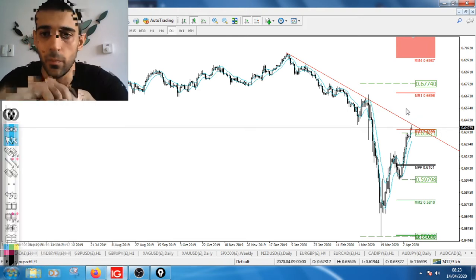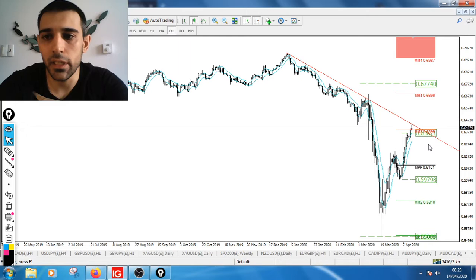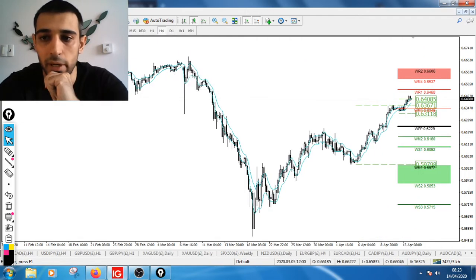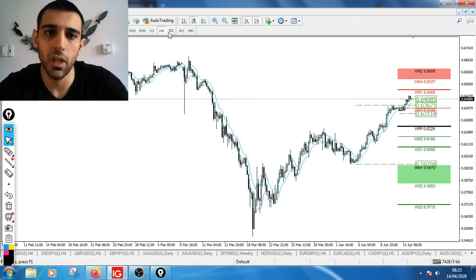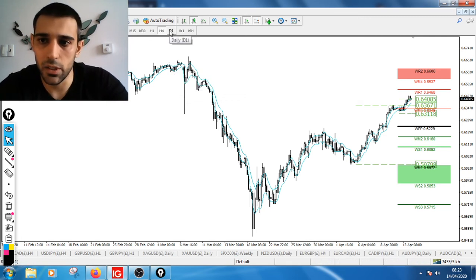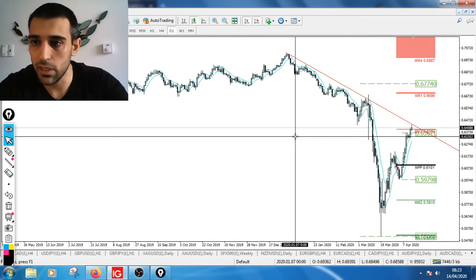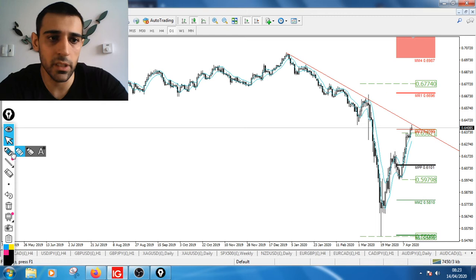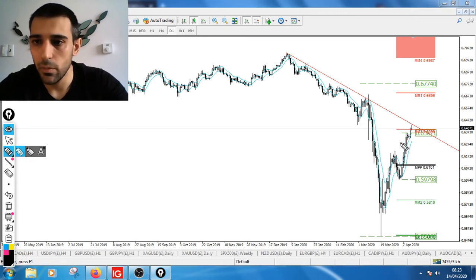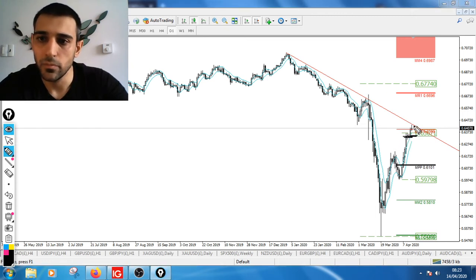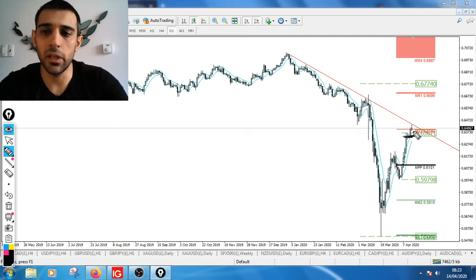But if it turns around and continues towards downside, then I do want to see a bit more confirmation. For the downside, I will be looking for a break of these lows here. So for now, it's looking pretty strong.